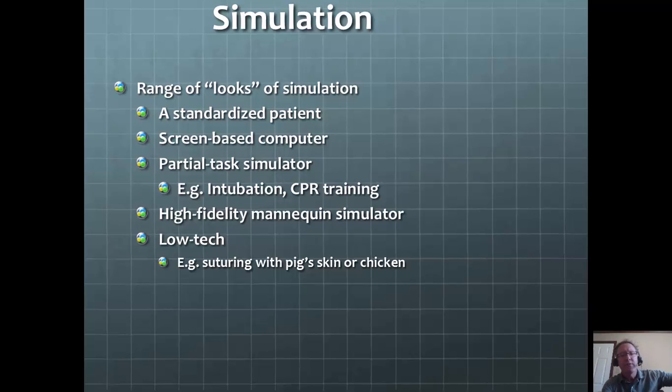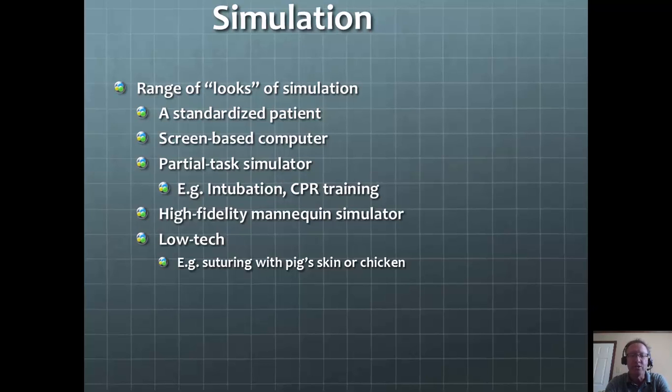In addition, in the early forms of simulation, there were partial task simulators, for example, learning how to provide intubation or CPR training, and many will remember the use of Resusci-Annie for basic cardiac life support.